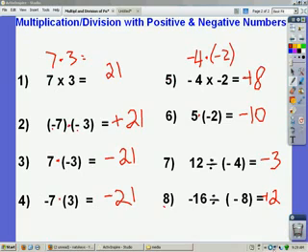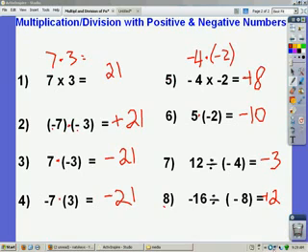Alright, example number 5. Negative 4 times, and I use the x in this particular case. Again, I can rewrite this as times negative 2. And I could also put parentheses. Sometimes it's a good idea to put parentheses around the negative sign to emphasize it.